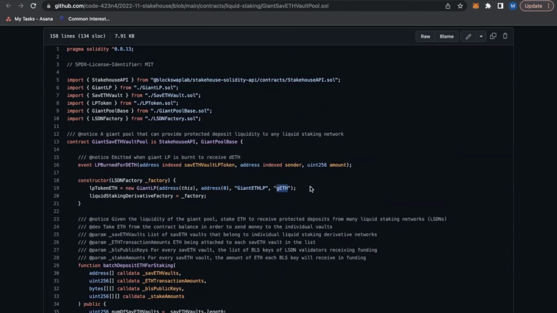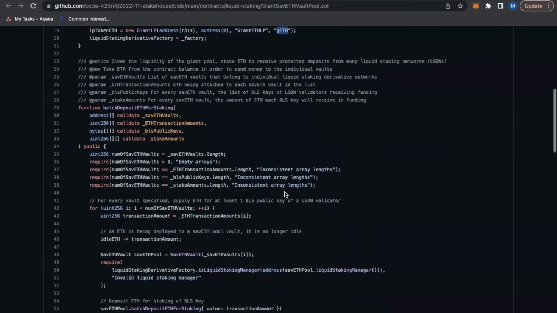Any whale that deposits thousands of ETH, or even a single user that deposits 1 ETH, will get back GETH tokens in a 1:1 ratio. If there is some ETH sitting in the giant pool, you can redeem your GETH for ETH at 1:1.